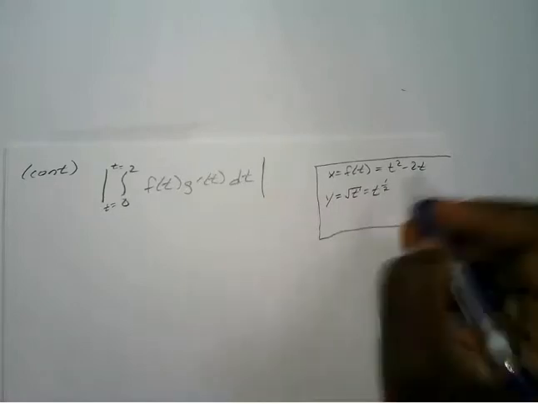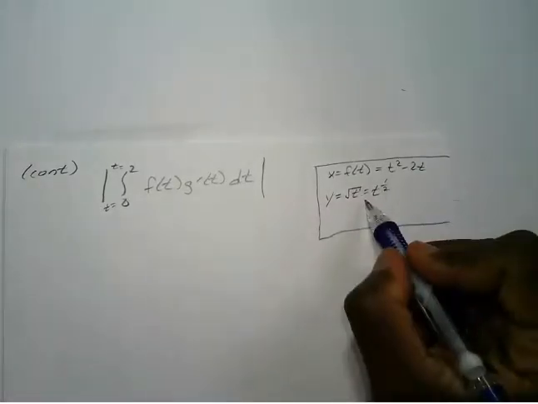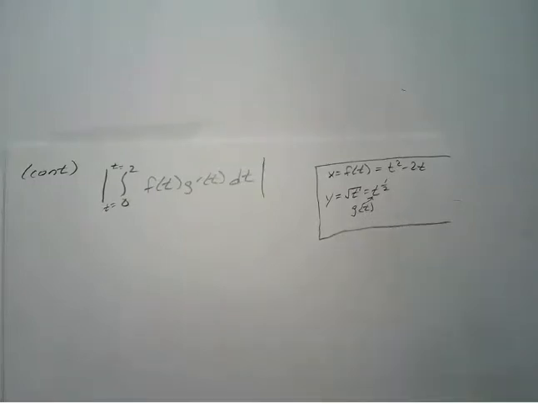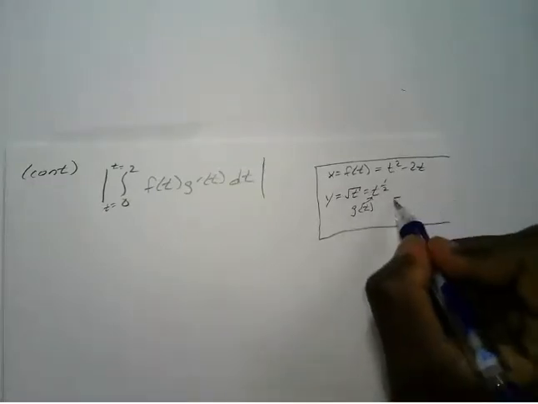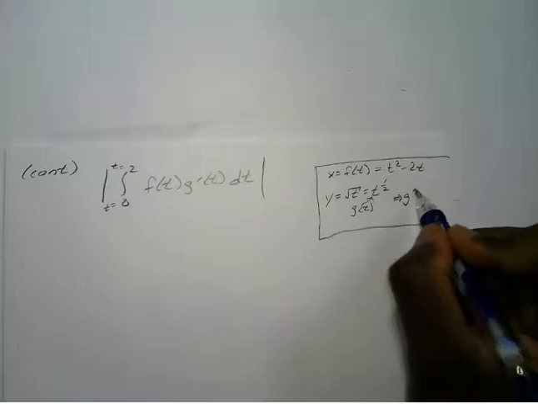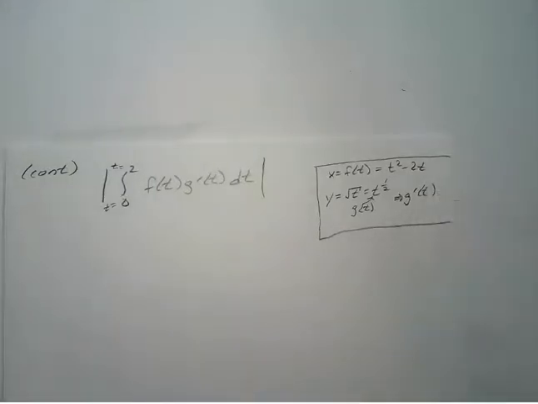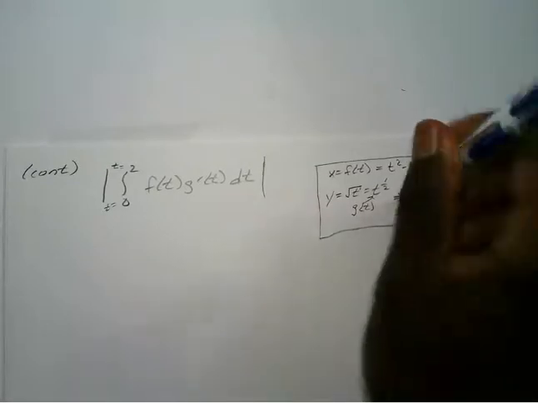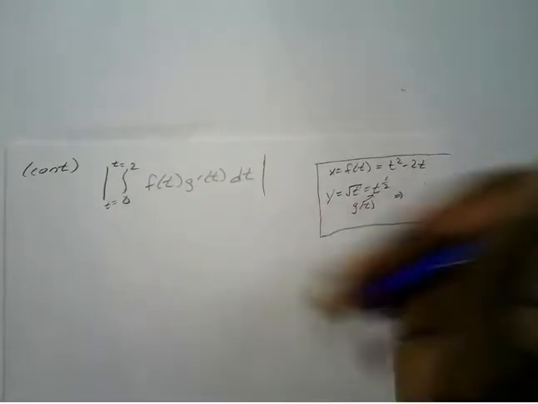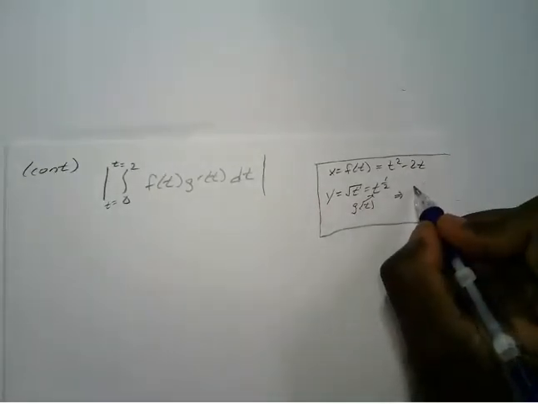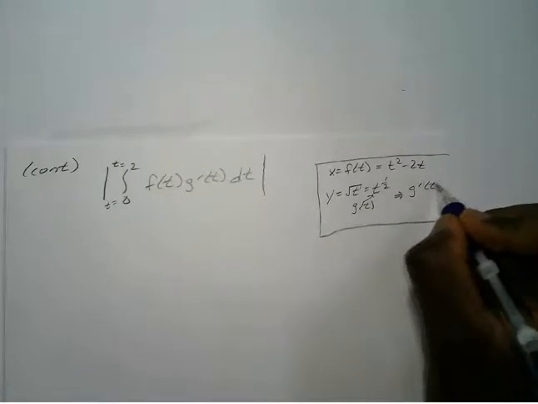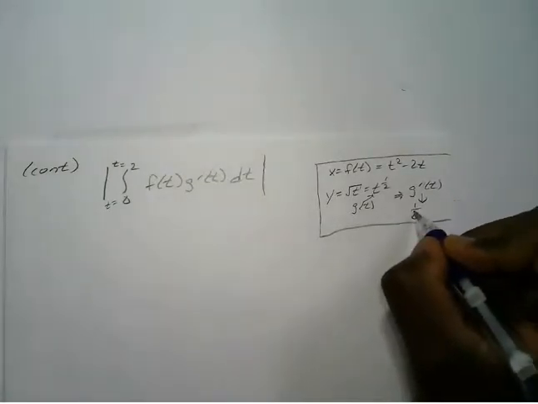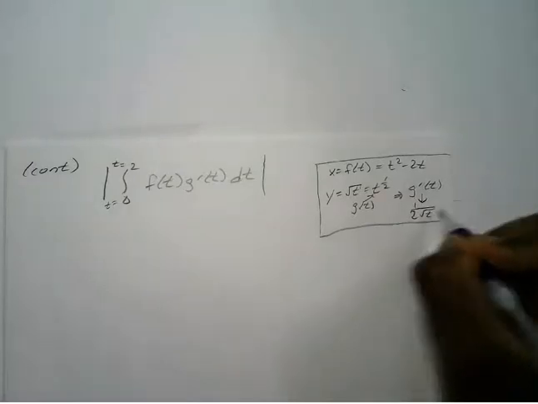Remember, that's also your g of t. So g prime of t is going to equal, oh, I'm running out of room there. G prime of t, that's going to be 1/2 square root of t.